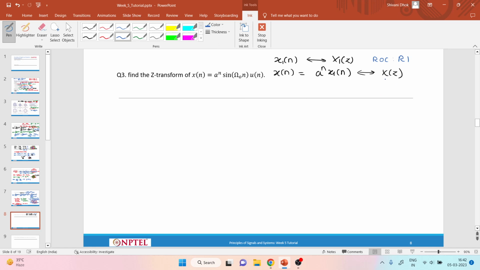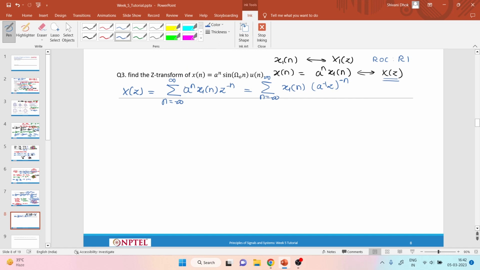So let us try to find this. So my x of z will be equal to summation n running from minus infinity to infinity a power n x1 of n z to the power minus n. This I can write as summation n running from minus infinity to infinity x1 of n into a inverse z whole power minus n.